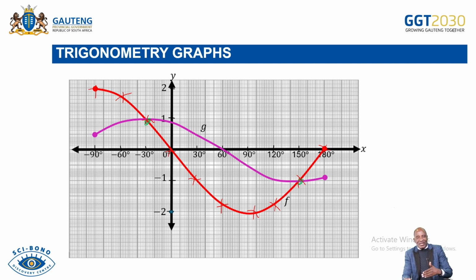This is a cosine graph that has been reflected on the x-axis. Otherwise, under normal circumstances, this portion of the graph is at the top. But because of that negative 2, it means it is a reflection on the x-axis. Hence, we see this part of the graph in the fourth quadrant. What was in the third quadrant goes to the second quadrant.